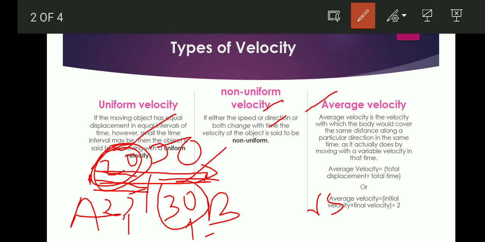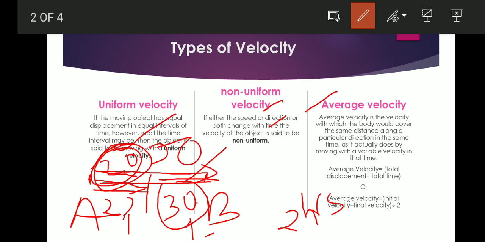But the total time taken to cover these 50 kilometers is 2 hours. What would be your average velocity in this case? You have to add the initial velocity and final velocity, then divide by 2. 20 plus 30 divided by 2 will be your average velocity.